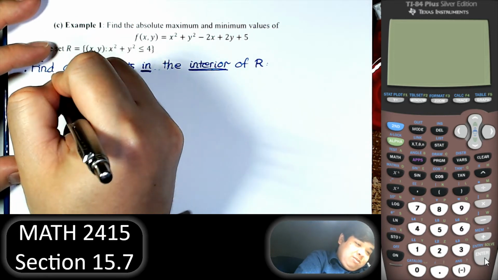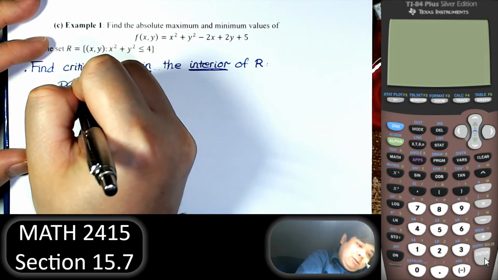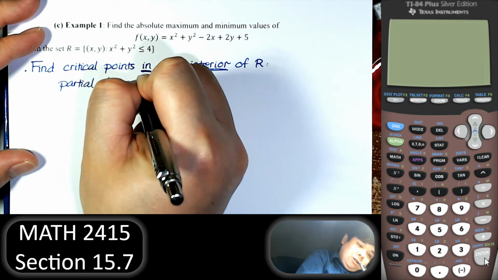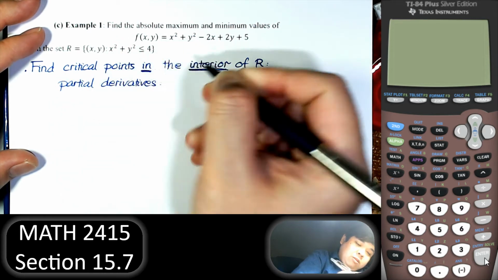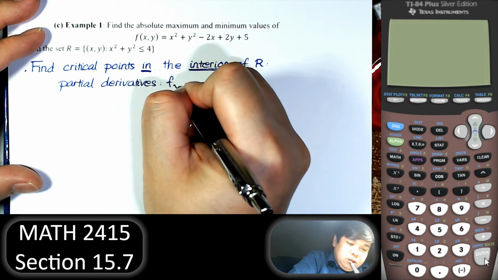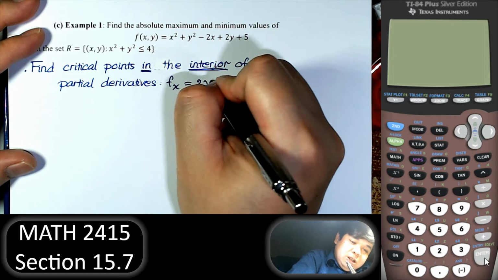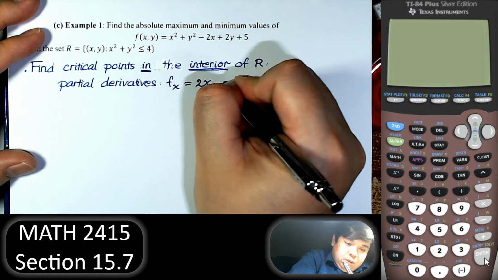Right. So partial derivative equal to 0. Derivative with respect to x: minus 2.